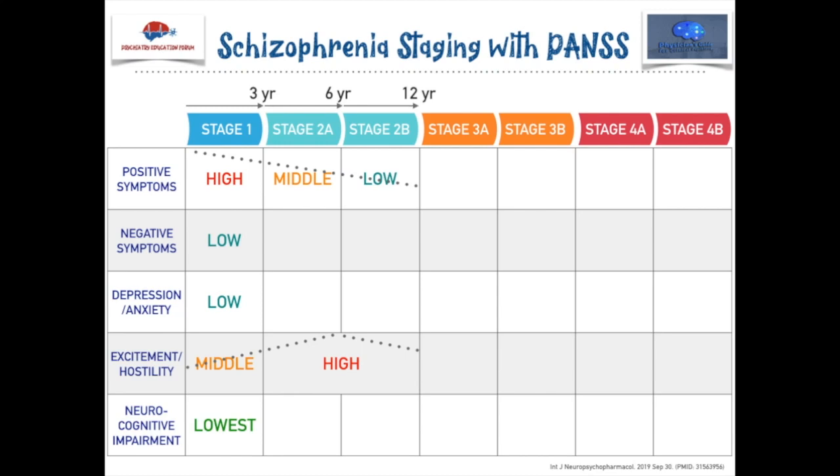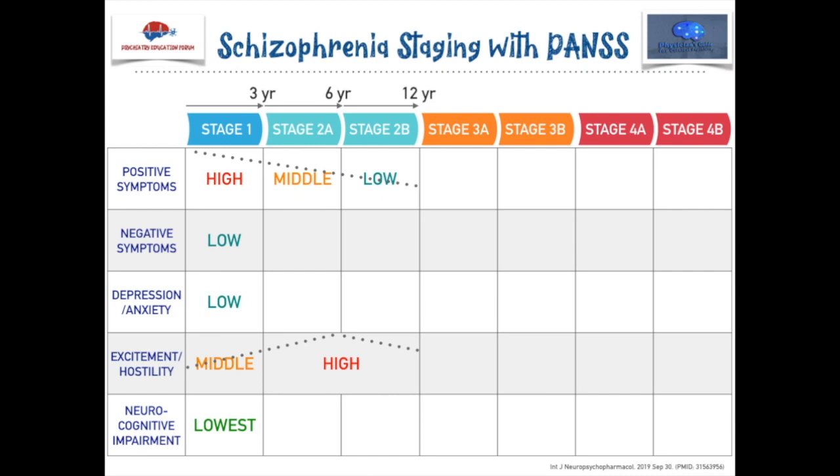Now, the clinical question here is: is this because a person is on antipsychotics, or is this the normal process of schizophrenia? The answer is not known, but something to be mindful of.